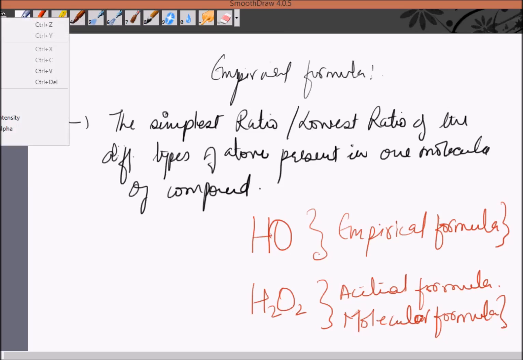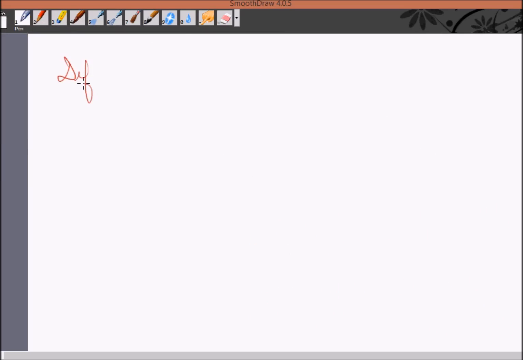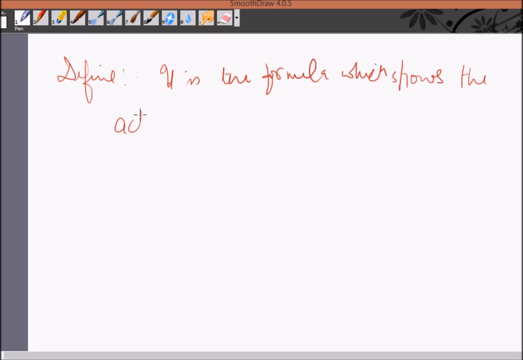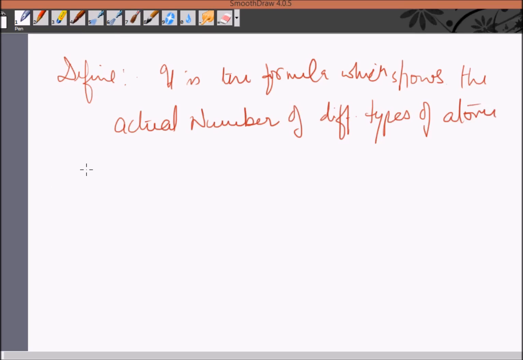So let's define molecular formula: it is the formula which shows the actual number of different types of atom present in one molecule of compound.